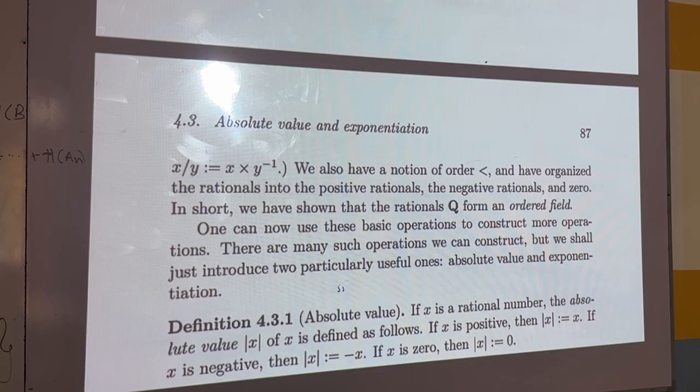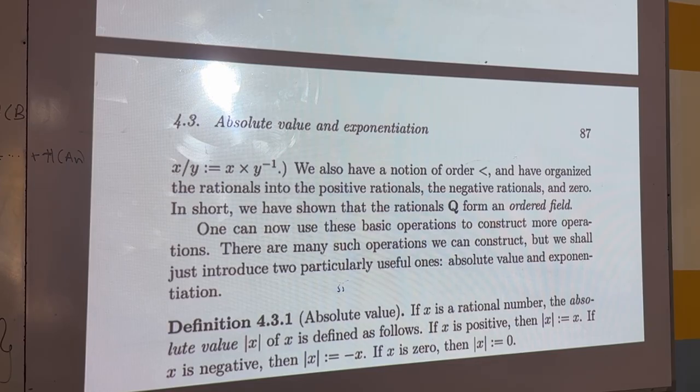So these names are redundant for us. What we are doing is defining first natural numbers, then integers, now rational numbers, and showing that according to the definitions, the usual things are true. One can use these basic operations to construct more operations.